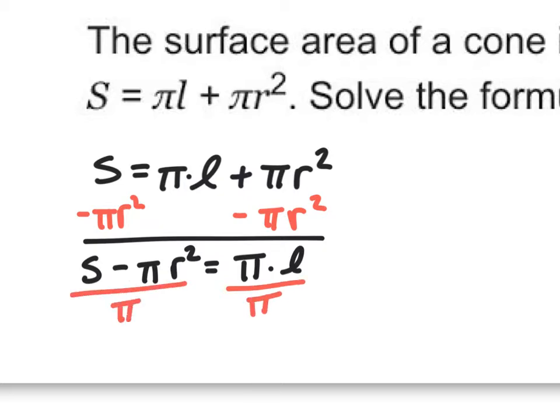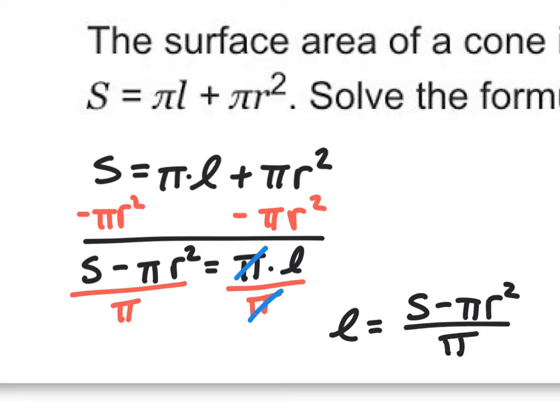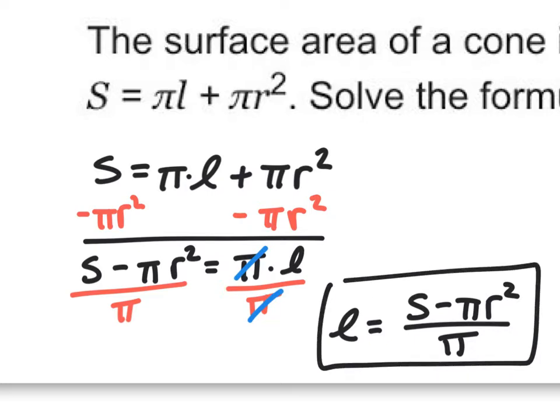The pi's divide out here, and so L is equal to your surface area minus pi r squared, all over pi. So if you were given the surface area of a cone and the radius, you could use this formula to solve for L. And that's all I've got. That's all we're doing.